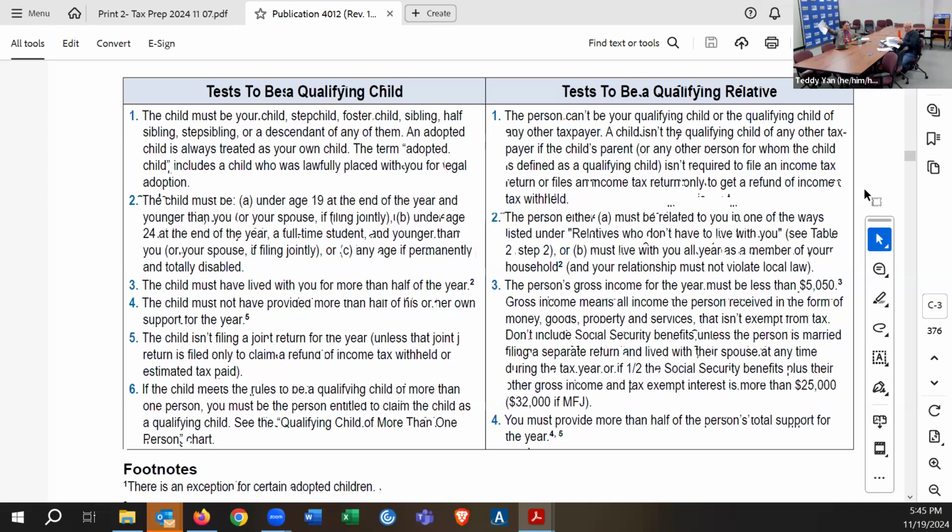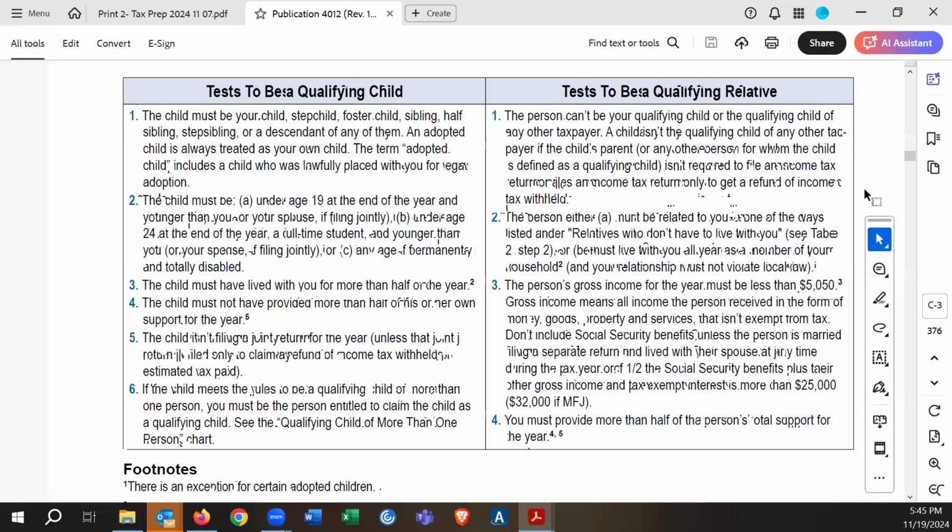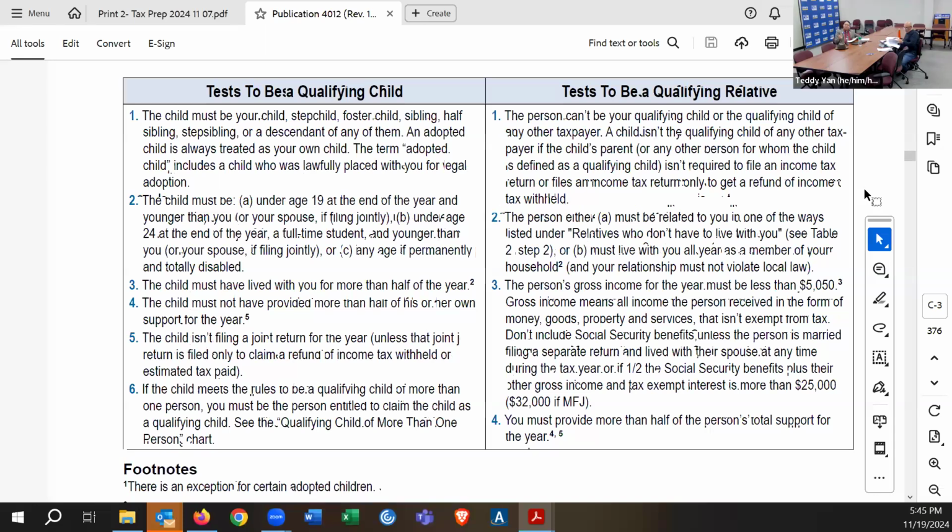There is an edge case where you can exclude Social Security income. Don't include Social Security benefits unless the person is married, filing a separate return and living with their spouse, which he didn't. So then that's a yes to number 3, because that means he only made 2,500 in that retirement if we count that.